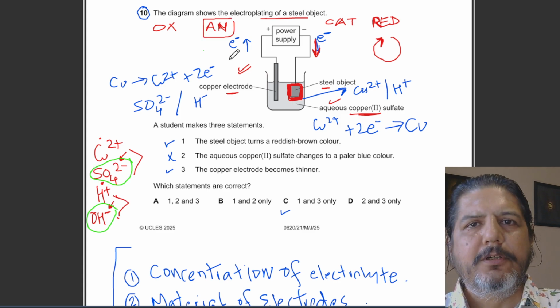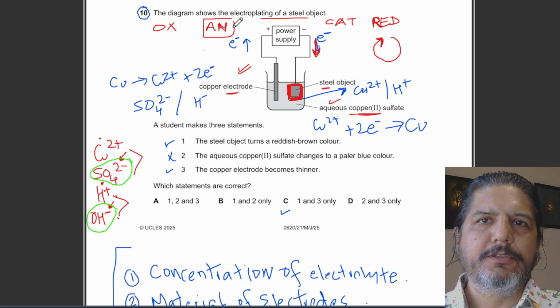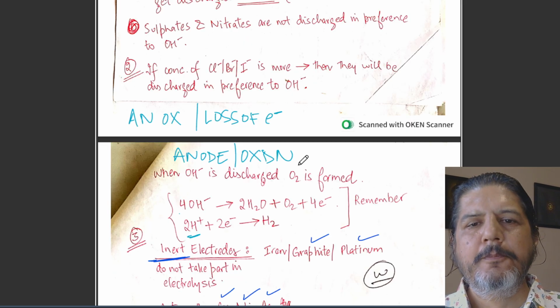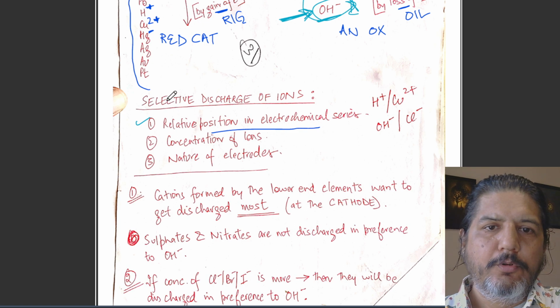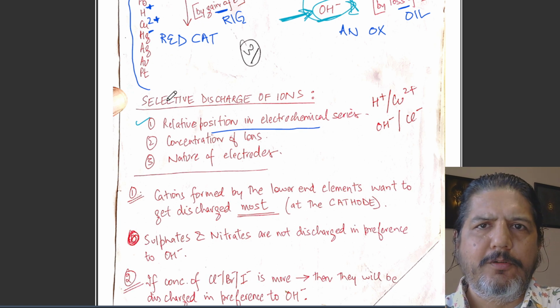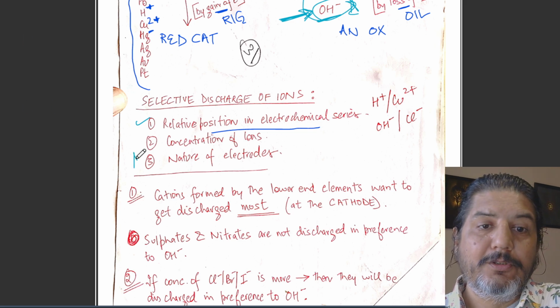But there is one important thing that you need to understand, which we were discussing previously also, that there is a selective discharge of ions. Of course, there is a factor of relative position in the electrochemical series, which decides which ions get discharged. But then it also depends upon the nature of electrodes.